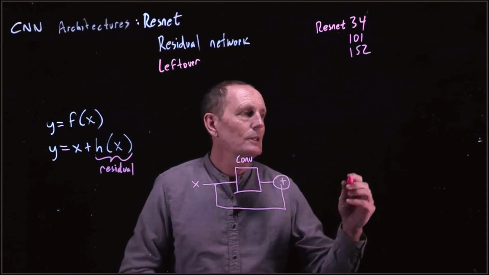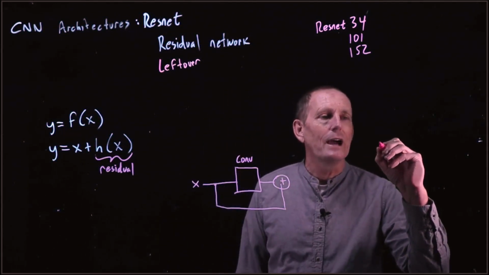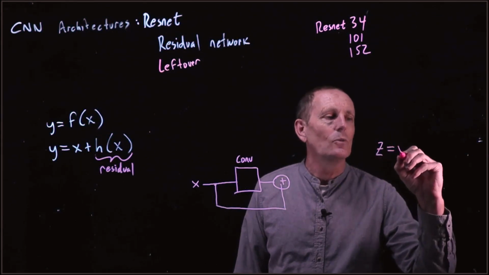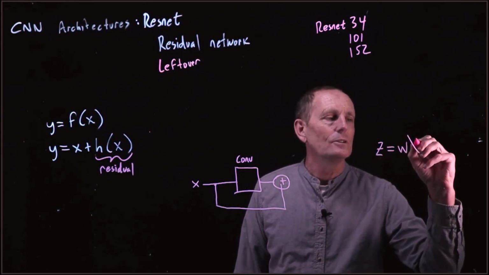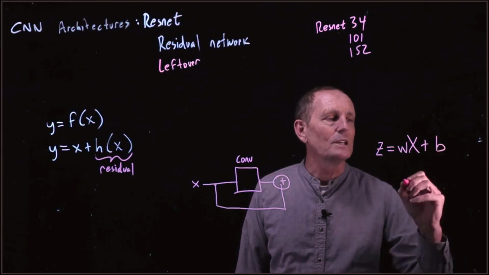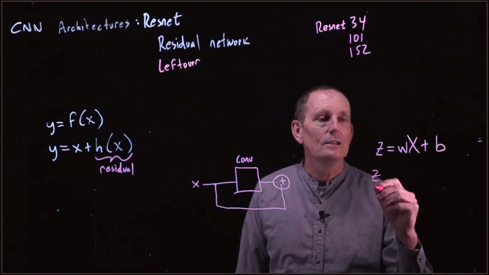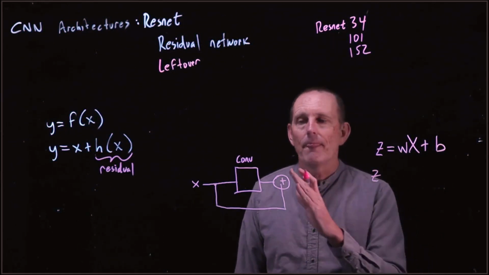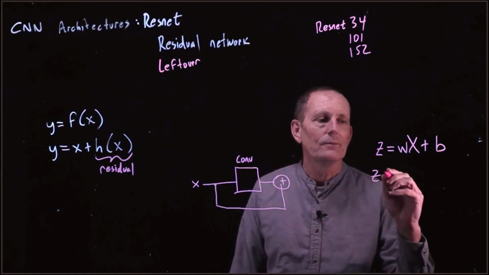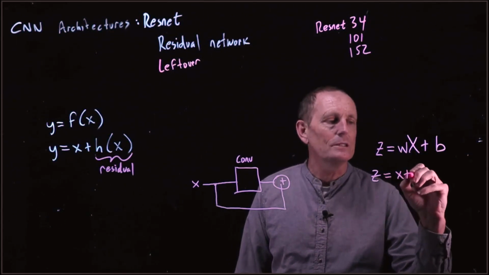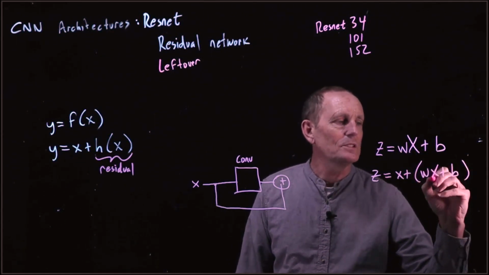So if we look at this then, z was equal to wx plus b. Now what we're saying is z, the output of this layer, is going to equal x plus wx plus b.